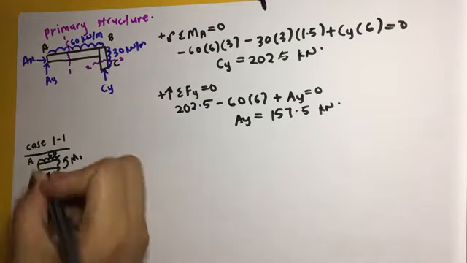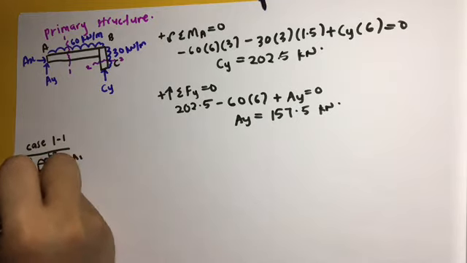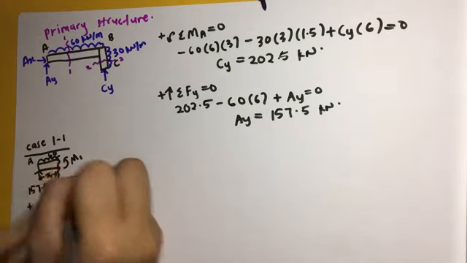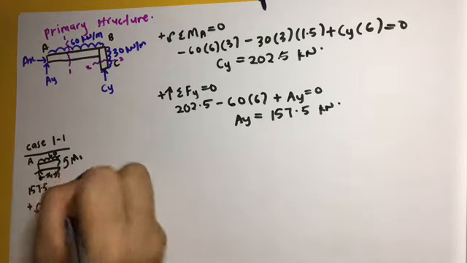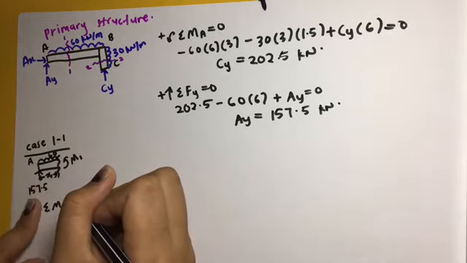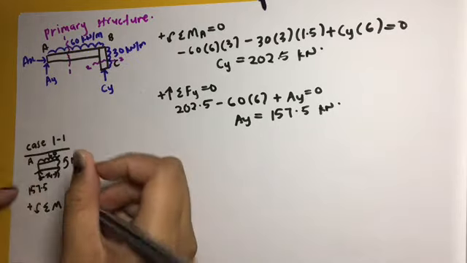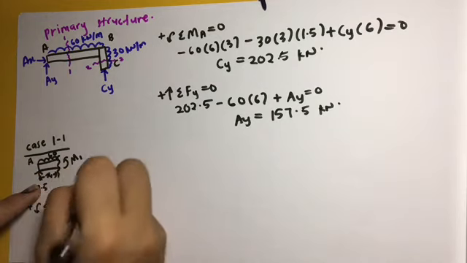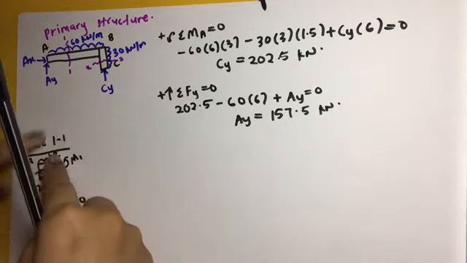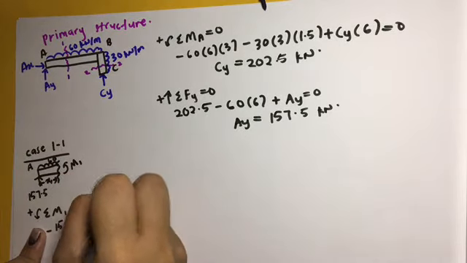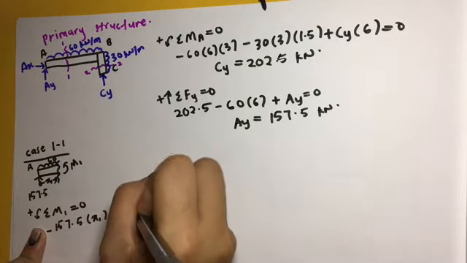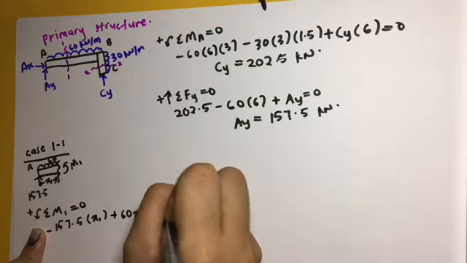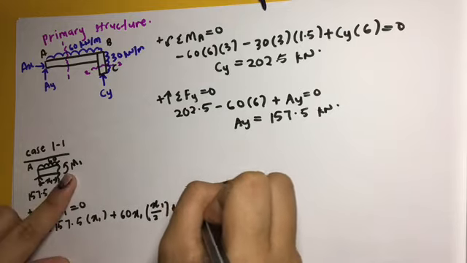Okay, so then we're gonna find the total moment from this point right here, equals to 0. So this is negative 157.5, because this is clockwise, times x1 plus 60 times x1 and x0 plus m1 right here equals to 0.